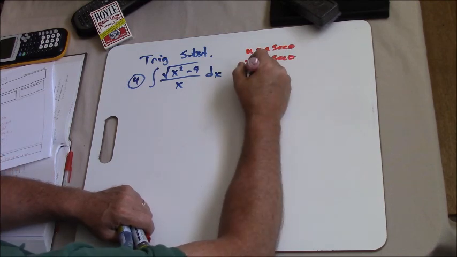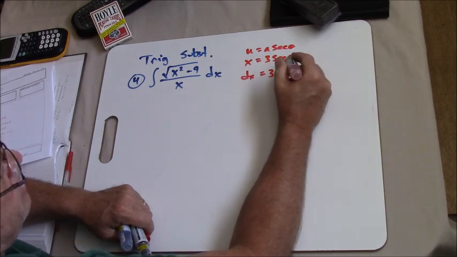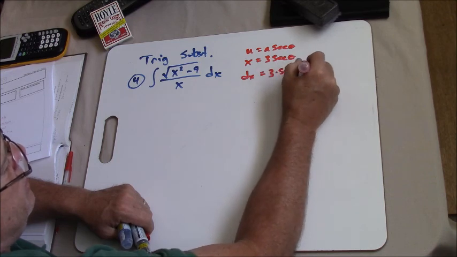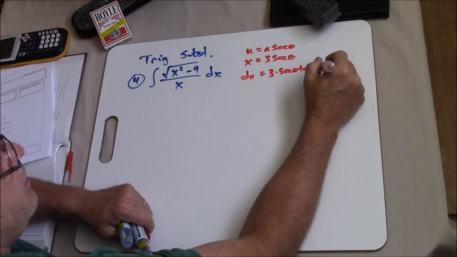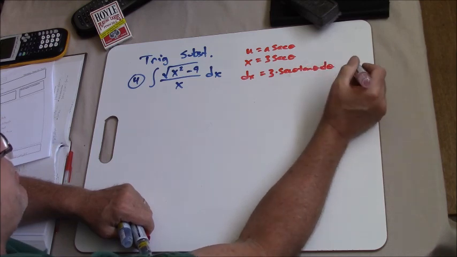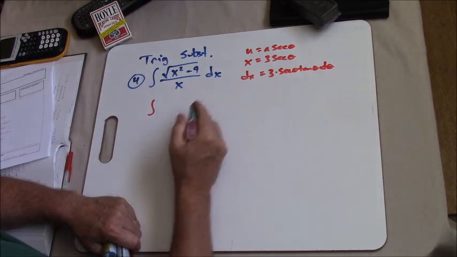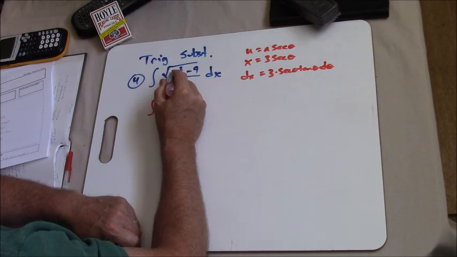And if I take the derivative of that, dx is going to be equal to 3 times the derivative of secant, which is secant theta tangent theta, times the derivative of the angle, which is 1, and I just took the derivative of theta. So if I substitute everything in here, I'm going to put 3 secant theta right here and square it.